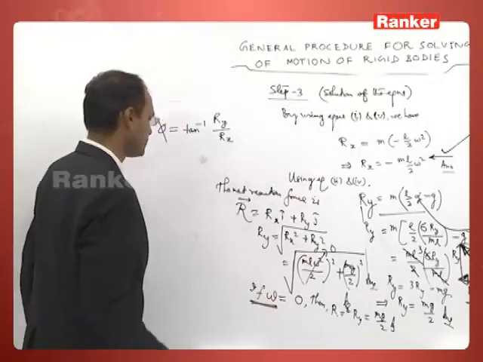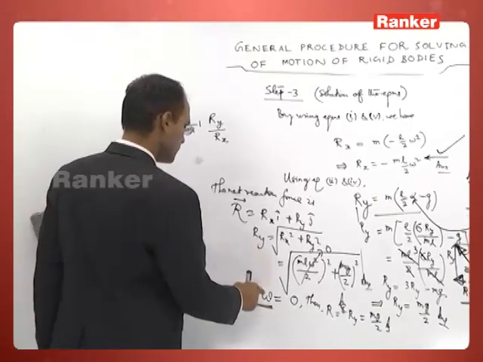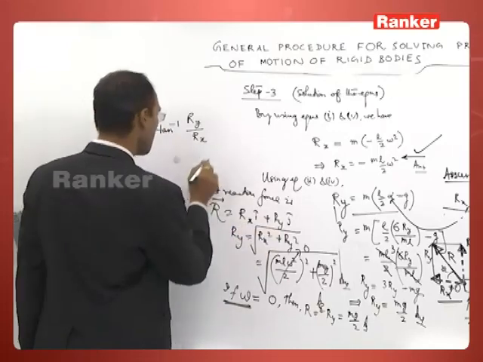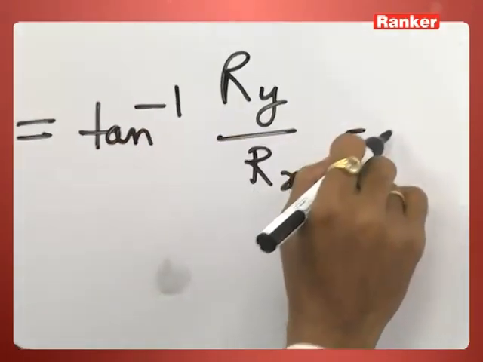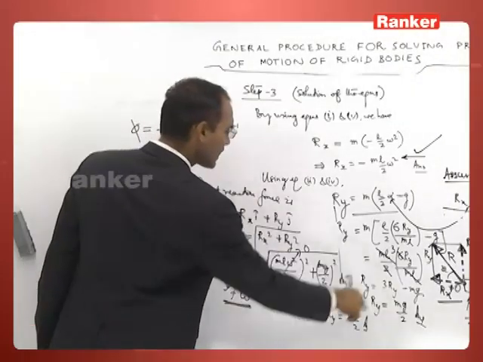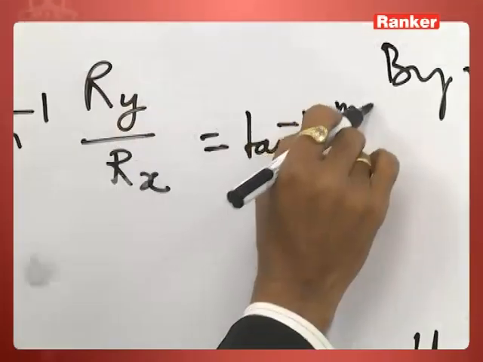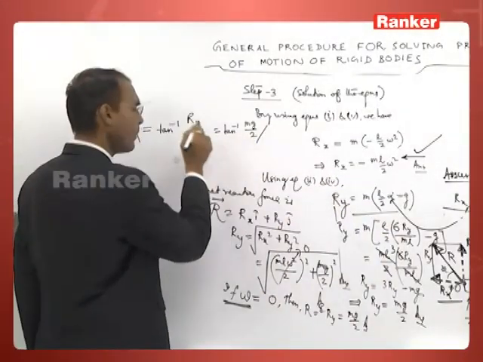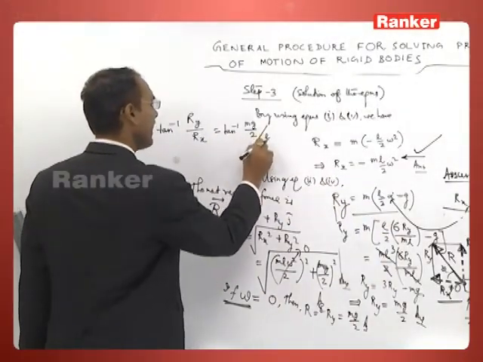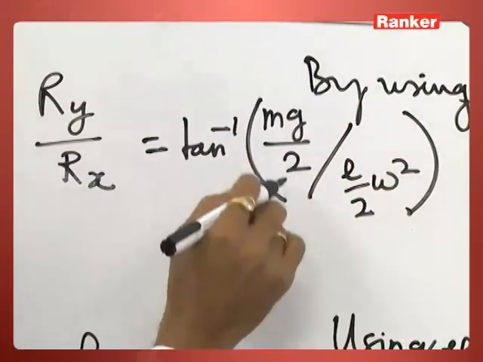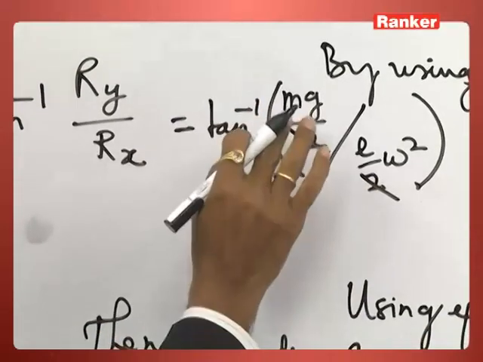If omega is non-zero, then you have to write Ry as our usual result, that is mg by 2, and for non-zero omega, Rx will be equal to m L by 2 omega squared. So the 2 will be getting cancelled.